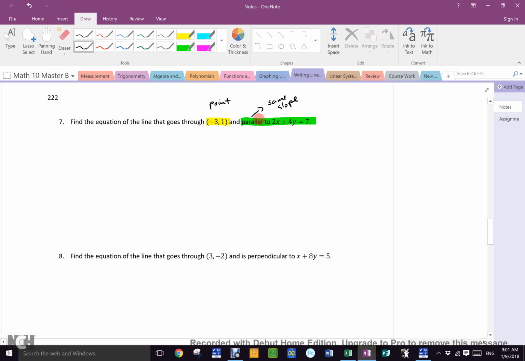How could I find this guy's slope? Could I do a table of values? Yeah. Could I put him in slope-intercept form? Yeah. Which one do you want to do? Okay, go ahead and do it. Tell me the slope that I'm dealing with.